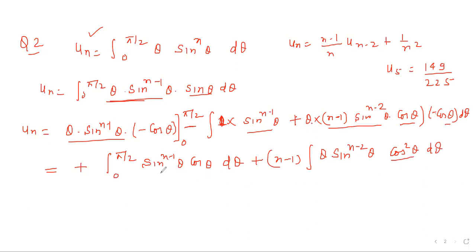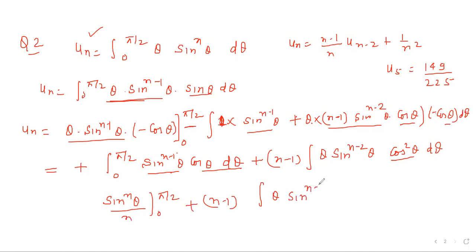And here, if we put sine theta equal to t, cos theta d theta will be dt, then the integration of t power n minus 1 will become t power n divided by n, that is sine n theta divided by n, and limits 0 to pi by 2, plus this term, (n minus 1) times the integration of theta times sine n minus 2 theta times cos square theta d theta.